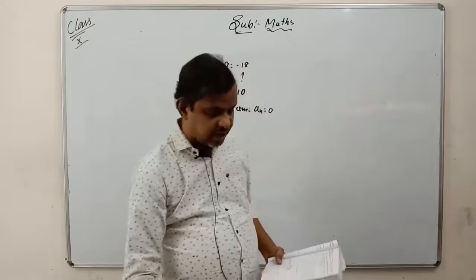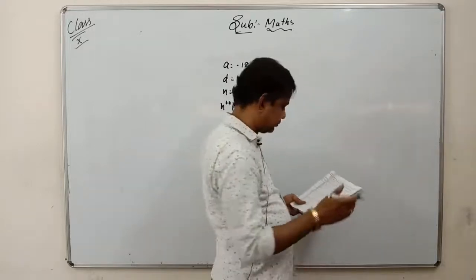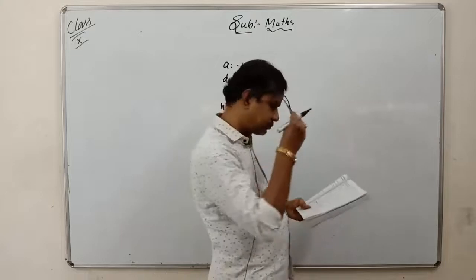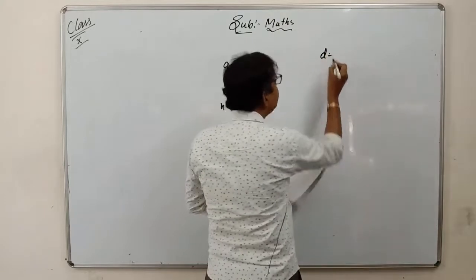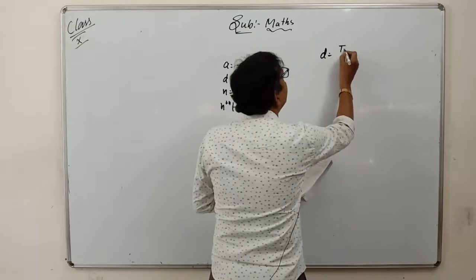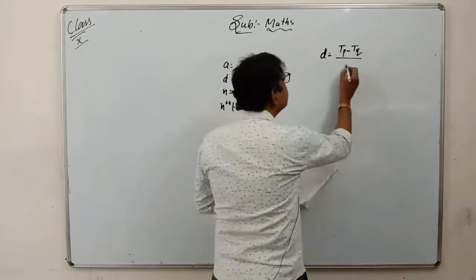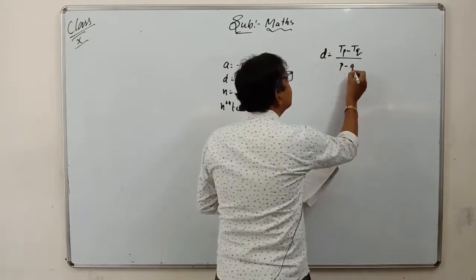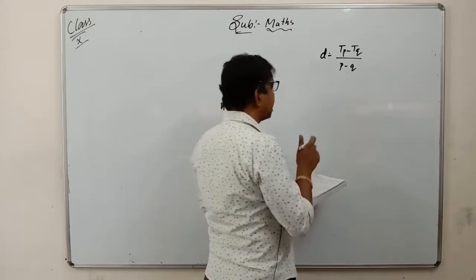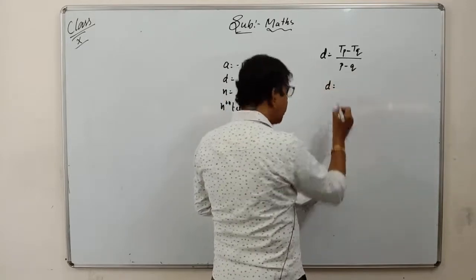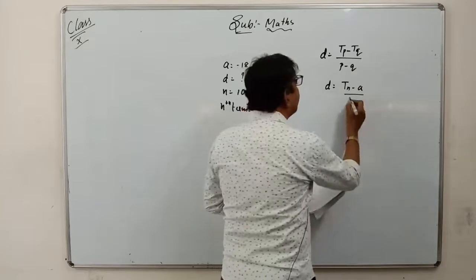To find the value of d, we have the equation, generally speaking: d equals Tp minus Tq by P minus Q, or the same thing we can write as d equals Tn minus A by n minus 1.